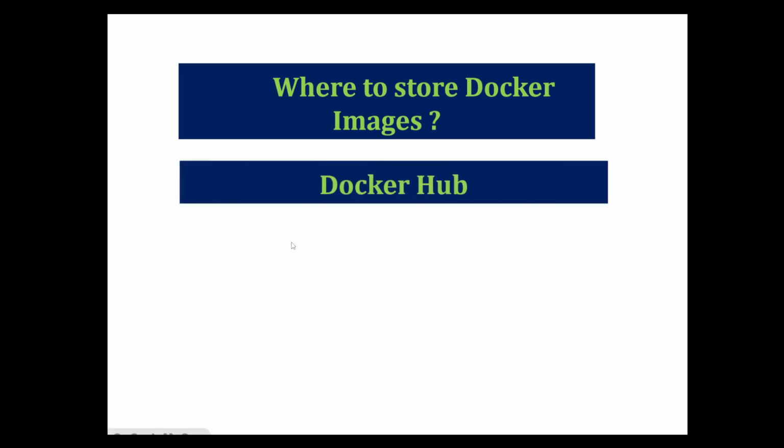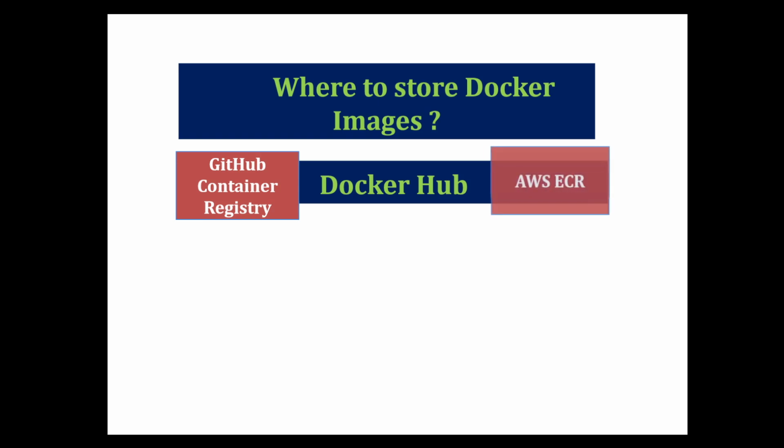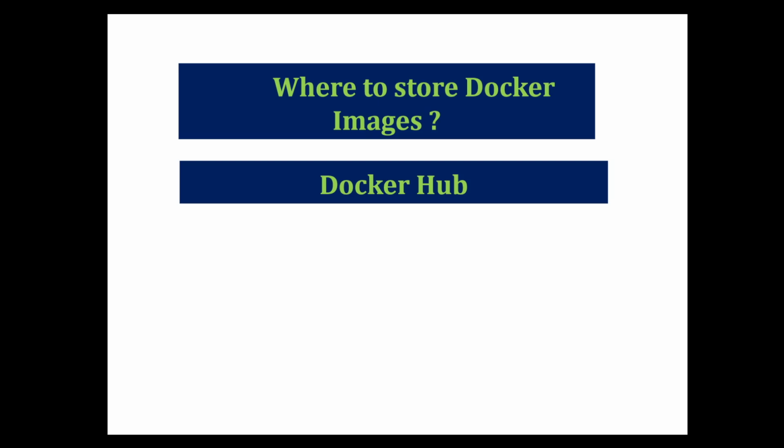That's where Docker Hub comes into the picture, because Docker Desktop uses Docker Hub as the default container registry unless we specify some other container registry, like GitHub Container Registry or AWS ECR. Unless we point to any of these registries, Docker Desktop will continue pointing to Docker Hub as a repository.